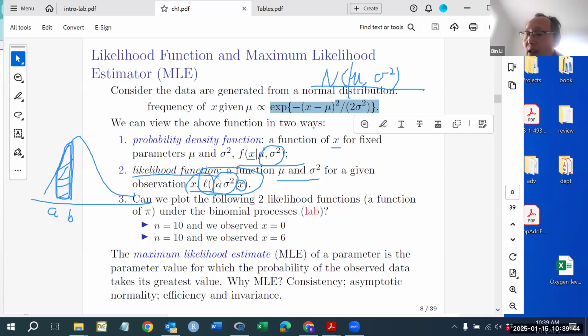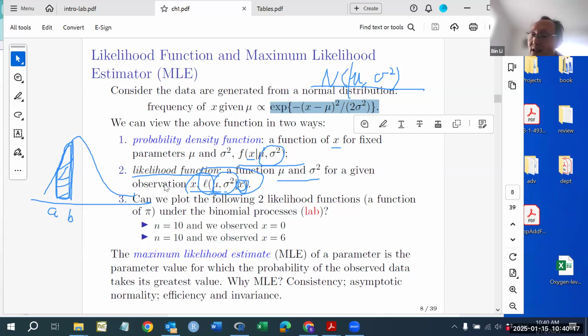So why do we need it? Because sometimes we observe the data. We observed x, but we want to estimate the parameters mu and sigma square. So the likelihood function is a way we use to estimate the model parameters. That's why it's not a probability, but it's useful. Why?